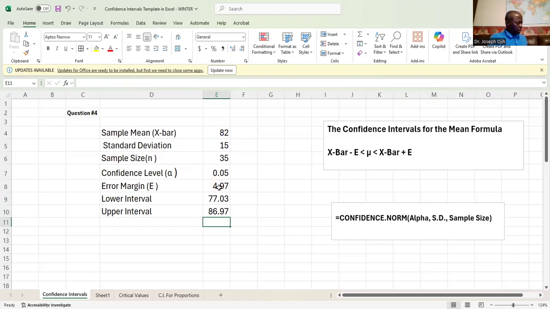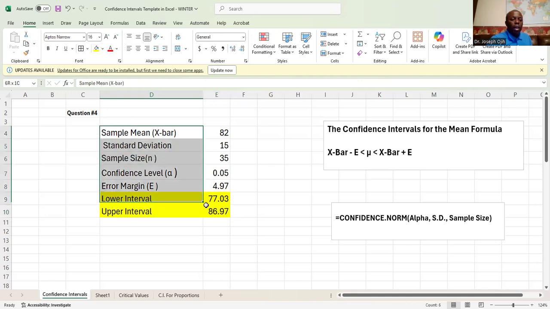That gives 86.97. Now we can look at the confidence interval right here, lower interval, upper interval.